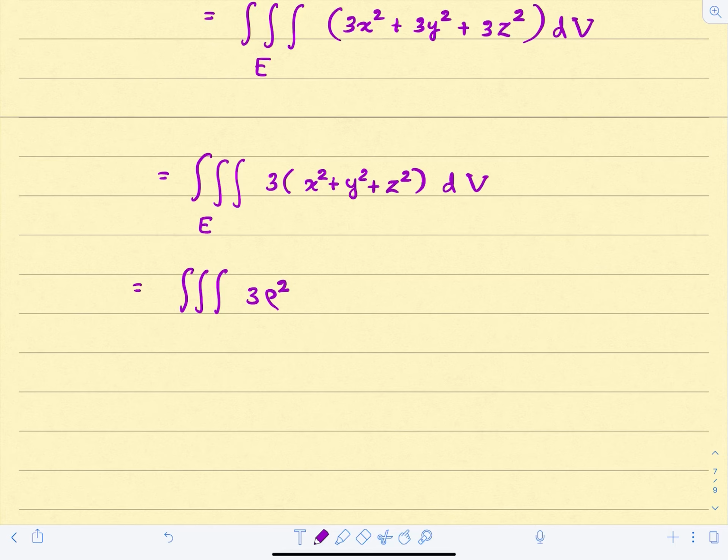Now this volume element dV equals rho squared sine phi d rho d theta d phi. Rho is the radial distance, theta is the polar angle, and the angle phi is measured from the positive z axis.